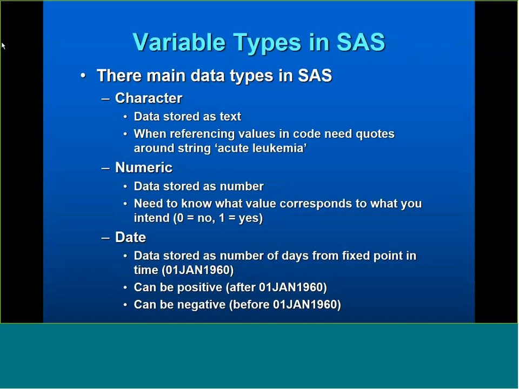So a date variable is either a positive number or a negative number. If it's a positive number, we know that the date occurred after January 1st, 1960. And if it's a negative number, we know that it occurred before January 1st, 1960. But essentially, those dates are stored as a numeric value. And there's reasons why that is, and we'll get to that later on in the talk.